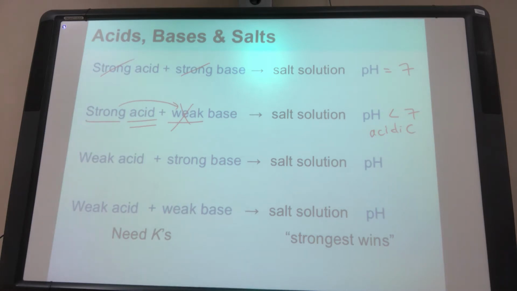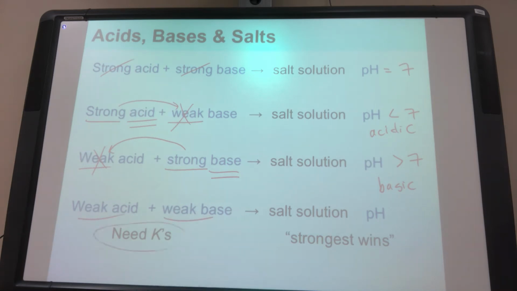All right, now it's the flip. Weak acid, strong base. The strong base is going to overcome the weak acid. So I'm going to have just the basic solution left. And that means the pH is greater than 7. Okay? If I have weak, I don't know who's overcoming who.